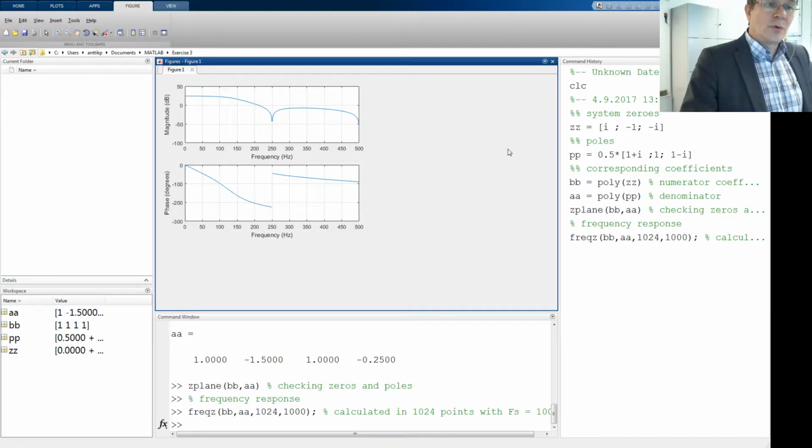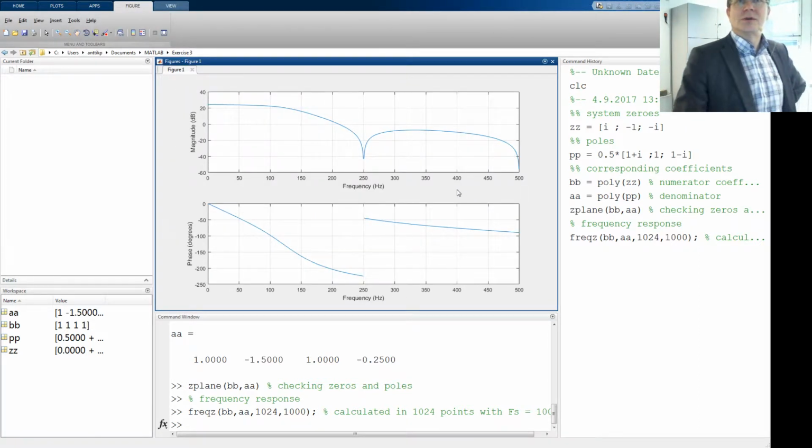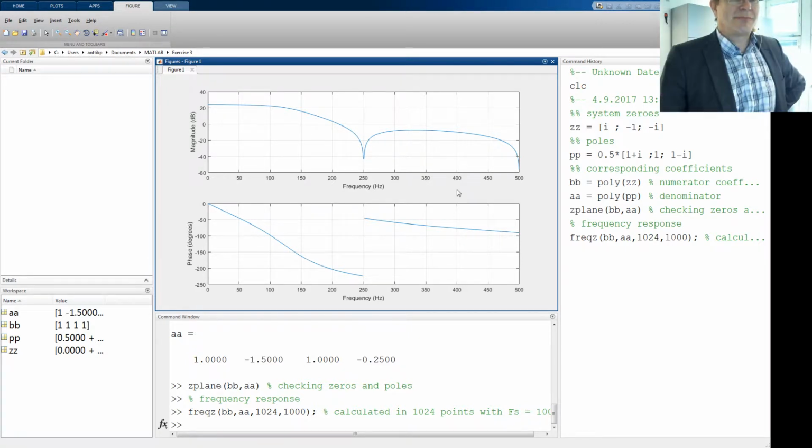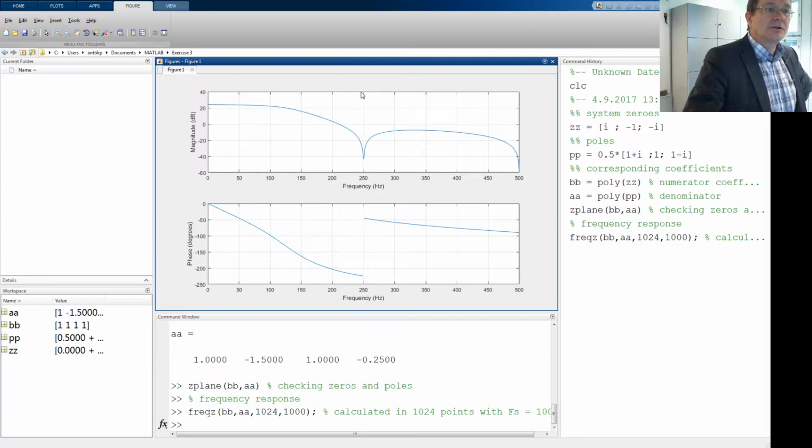So there. Wow, that's cool. Almost flat response on passband. So it's a low pass filter because there's attenuation on the higher frequencies. So it's attenuation of about 10 dB, but here we have about 25 dB amplification on the passband.